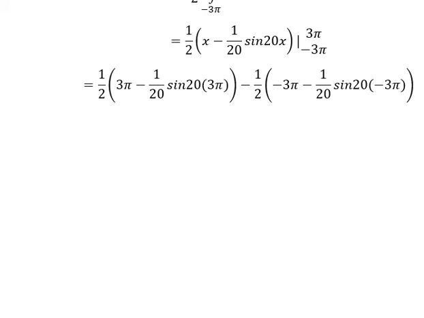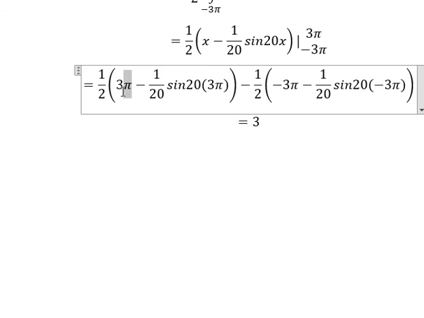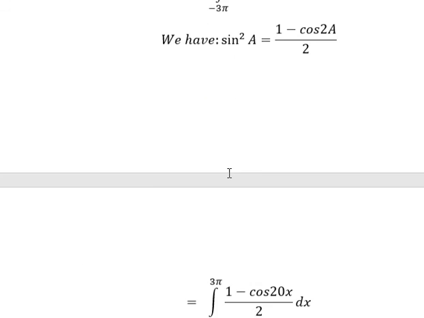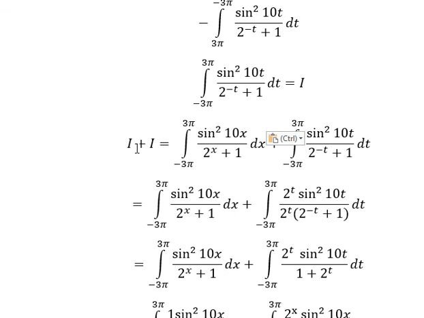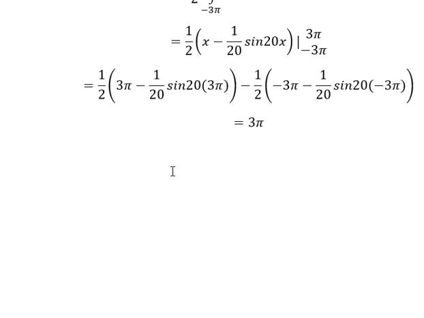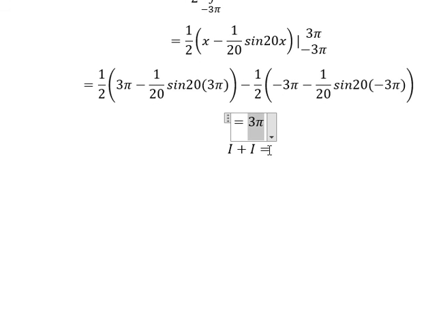So we simplify and we have 3b. We know that we have I plus I in here. So we have 2I.